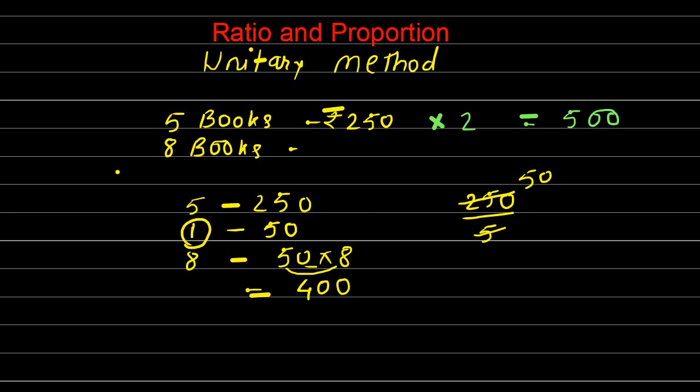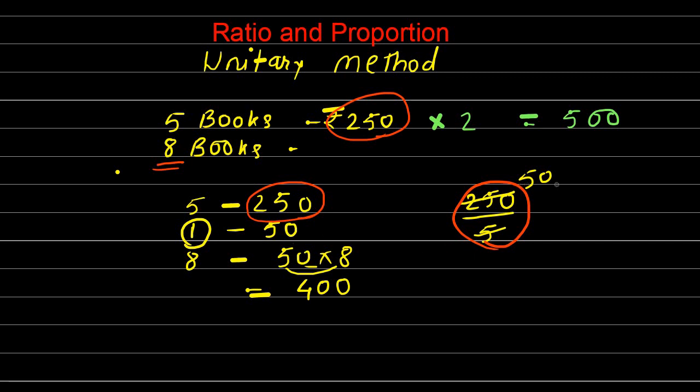Okay, so the unitary method is the method where we first of all find out the cost of one quantity, one item, and then we find out the required quantity. So the cost of 5 books here was 250. To find out 8 books, we need to first get the cost of one book, which we got by dividing the cost of 5 books by the number of books, that is 5.